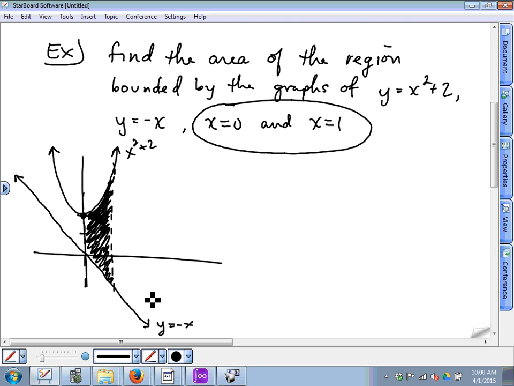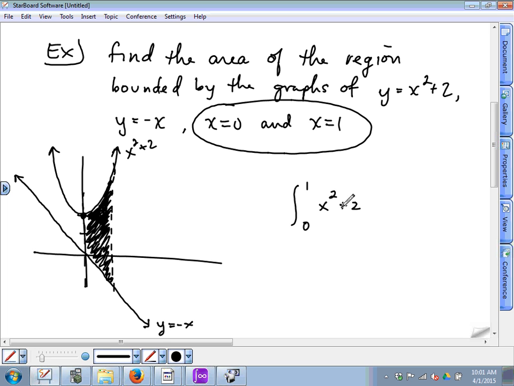No, we still use the same formula. You guys see that region there? Now looking at the graph, which of the two functions? So the integral is going to be from 0 to 1, but what function do we start with? We start with the x squared plus 2, because that's the above function, quote unquote.